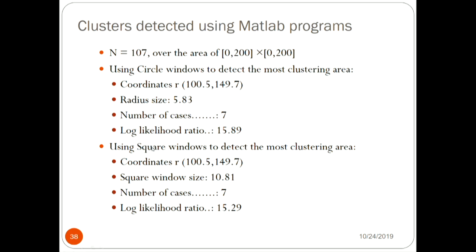If I use the square moving window, we get similar results, but not exactly the same because of the square window. For example, the number of clustering cases was 7, and the log likelihood ratio was about 15. So these are quite the same, but the sizes of the moving windows were not the same because one is a square window and the other is a circle window. So the MATLAB program gives almost the same results as using SaTScan here.